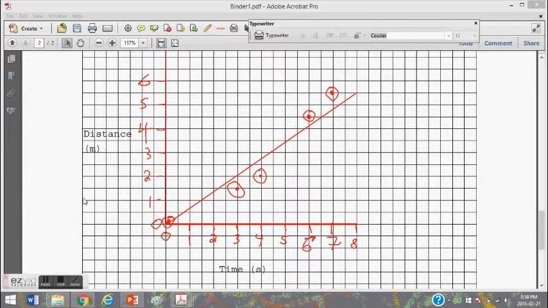Alright, so here's the data that I graphed. Now, as you'll notice, these points do not make a perfectly straight line. And so what you do with them is going to be a little bit dependent on exactly where you put your line of best fit.